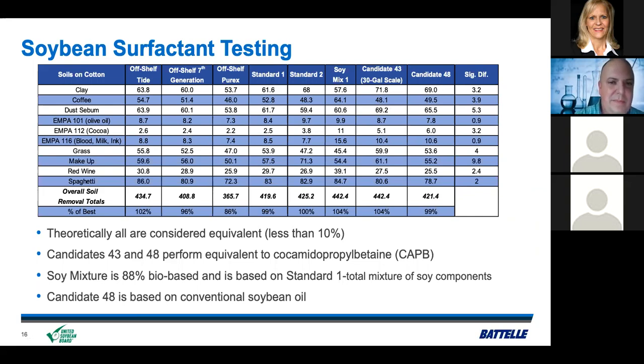The other is the soy mix that was based off of the standard formulation 1. And so soy mix is all soy surfactants with just a tiny amount of SXS to keep all the components miscible together. And so that actually was a surprising formulation in that we got equivalent cleaning with no SDBS, no Tergitol, just all soy materials.